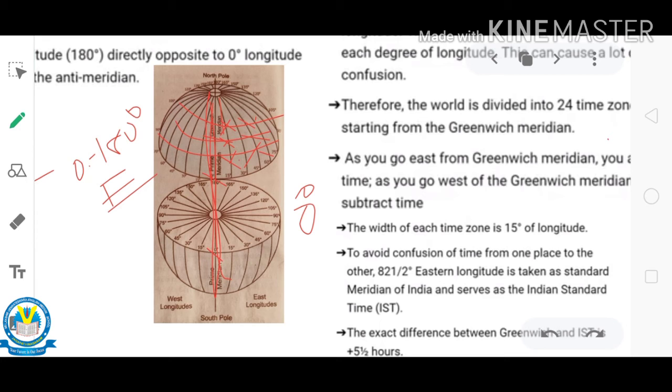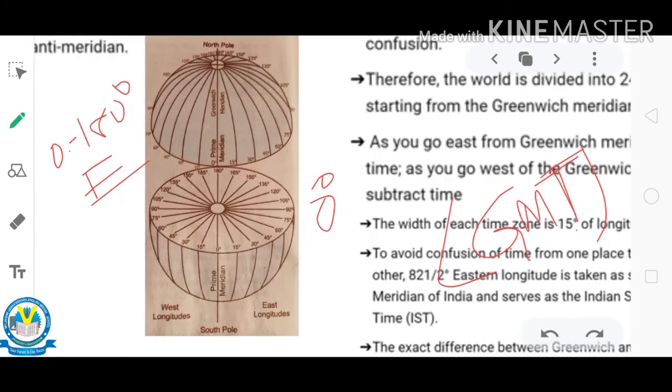So there are 180 longitudes to the east and 180 to the west of Greenwich Mean Time, GMT. The longitude of 180 degrees, directly opposite to the 0 degrees longitude, is called the anti-meridian.